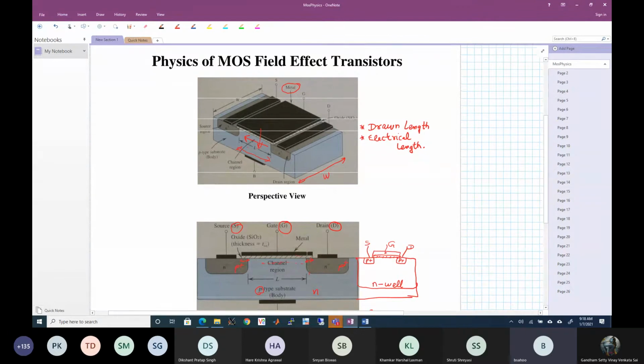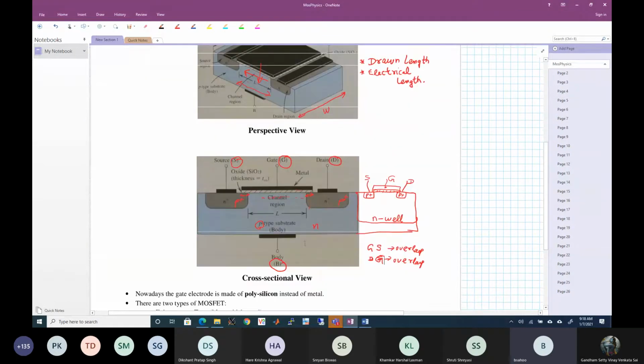Now another thing I wanted to say here is this is the source. What is the meaning of source and what is the meaning of drain? Why is it called a gate? Why did they name it a source, and why a drain? You have taken introduction to electronics. Anyone?